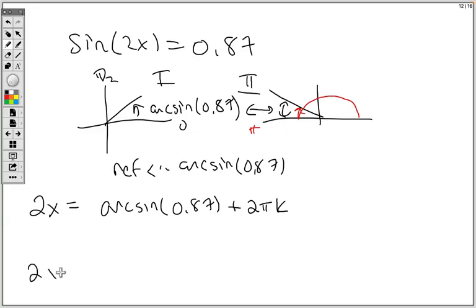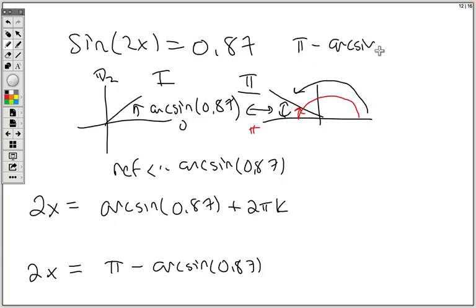So the other answer, the quadrant 2 answer, would be pi minus arc sine of 0.87. So that would be the other angle here, pi minus that. Plus, of course, 2 pi k to capture all the coterminal angles to that one.